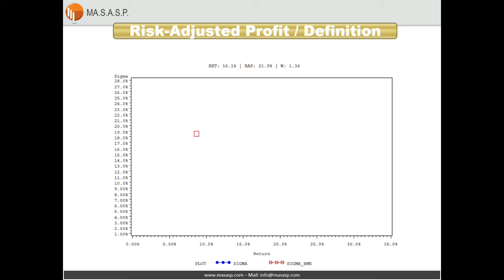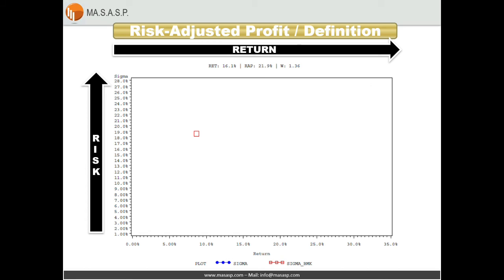Beware that contrarily to the widespread practice, here in MASASP we plot the risk on the y-axis and the return on the x-axis. We take the standard deviation as the risk metric. Both standard deviation and returns are reported as annual figures.